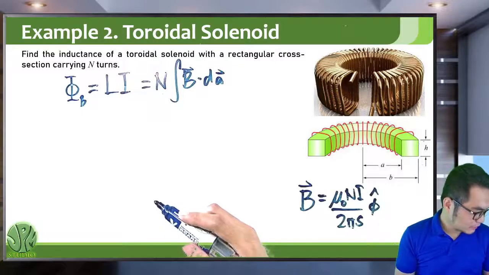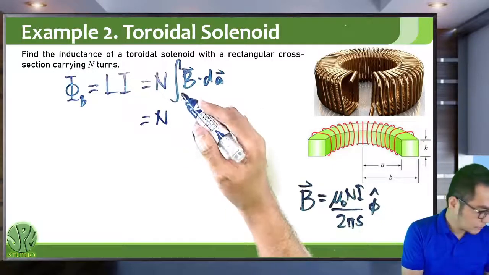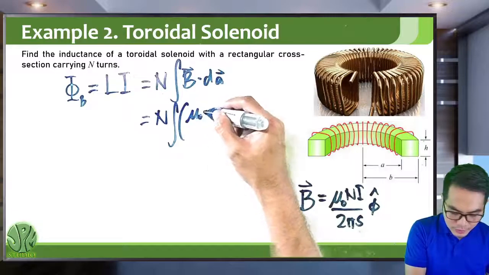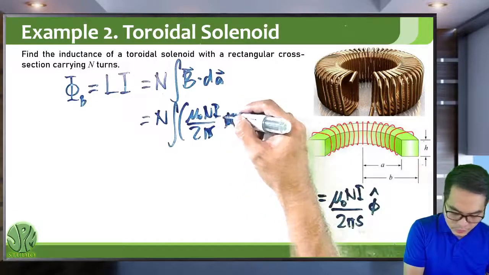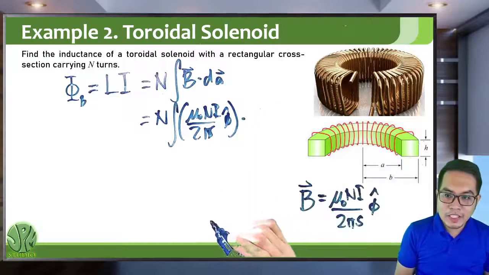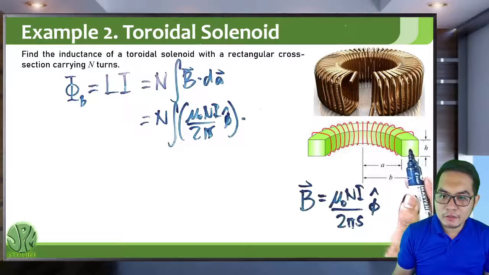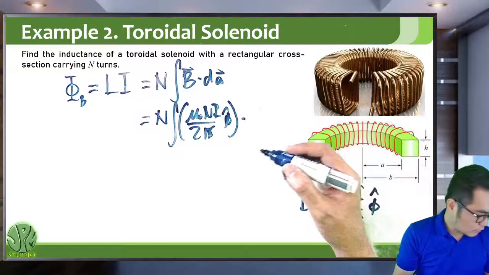So we have N, and then the magnetic field is mu naught N i over 2 pi s phi hat. Our dA, the area vector perpendicular to this cross-sectional area, is also in the same direction as the magnetic field, also phi hat.